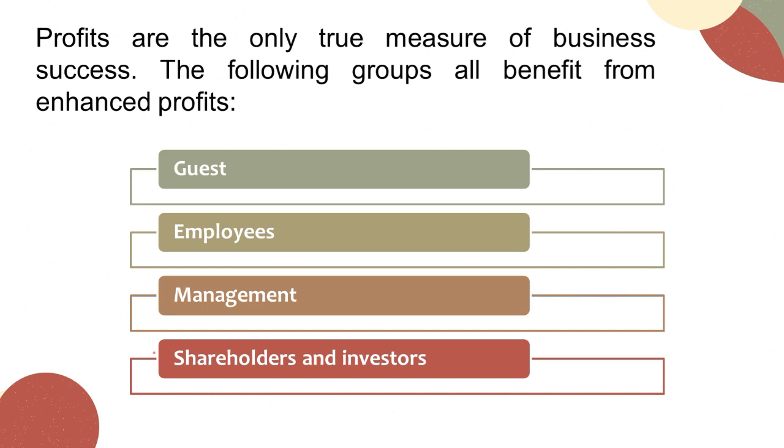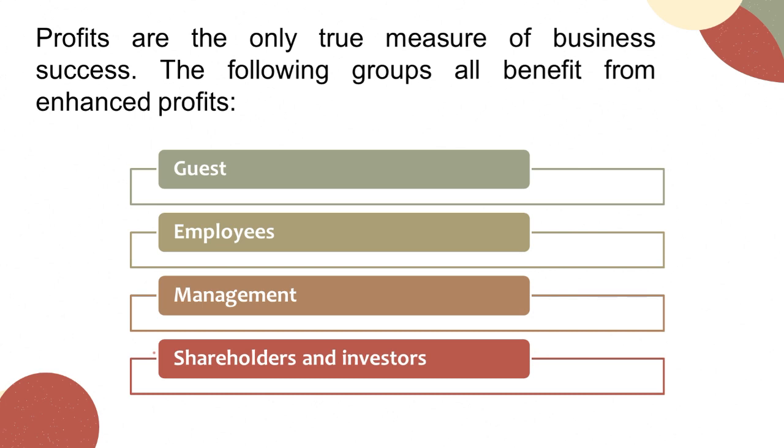Here we have to bear in mind that guests are happier, they are more loyal and eager to tell others about the great experience they had sa isang hotel. So once na masatisfy sila, of course, alam naman natin that one of the most powerful marketing methods is word of mouth. So kapag nasatisfy sila, nagandahan sila sa mga services na ino-offer ninyo, eventually they will share it to their friends, relatives, or even family members or colleagues.